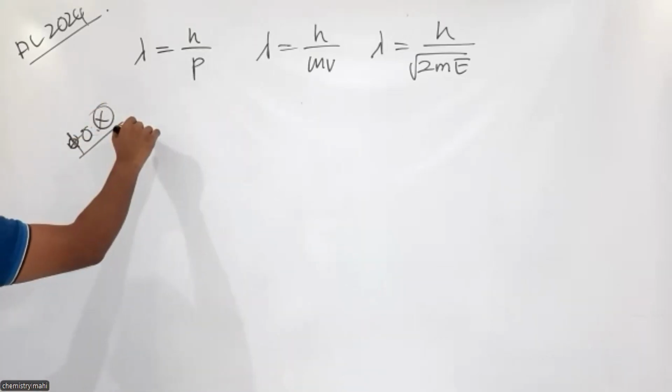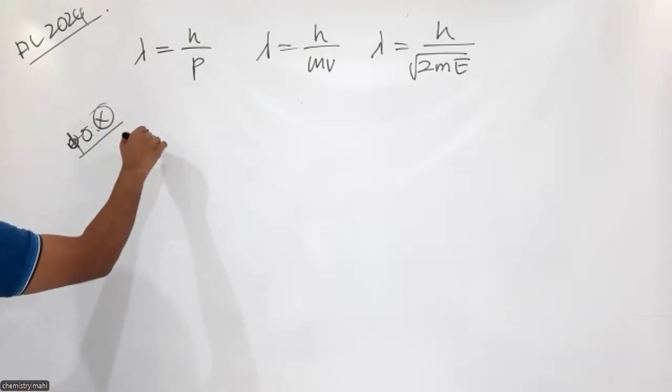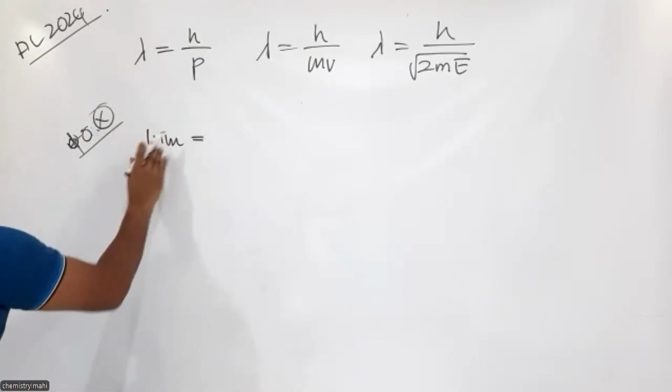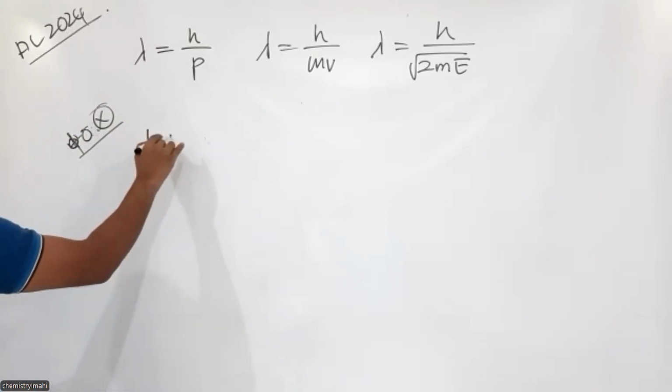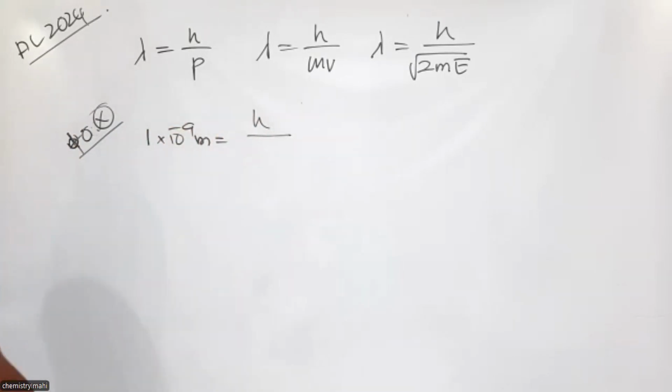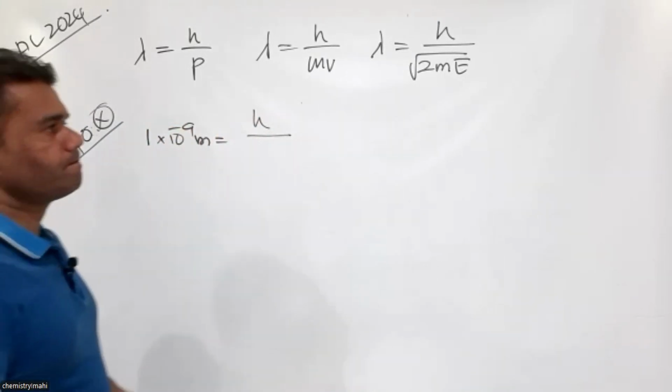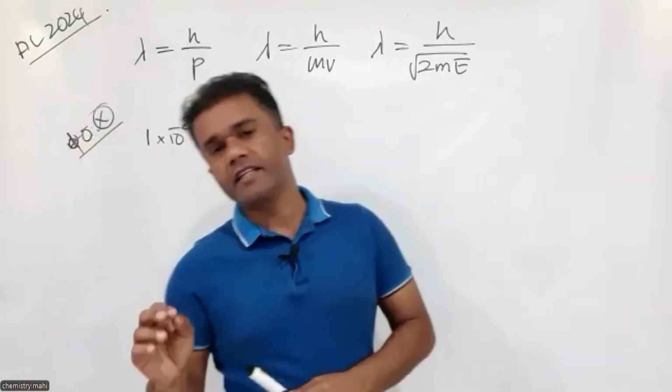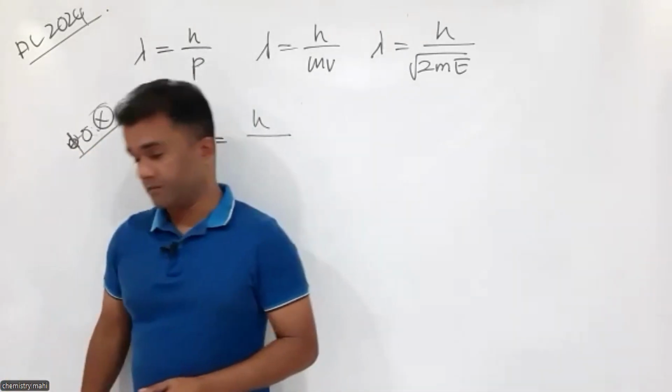Lambda X, which is 1 nanometer, is equal to, let's keep it in SI units, 10 to the power -9 meter. h is a constant because we are going to get the ratio. Since we are going to get the ratio, better you have a plan before you do this.